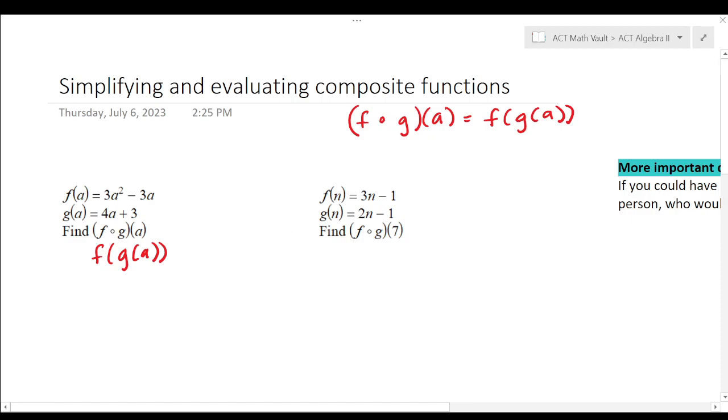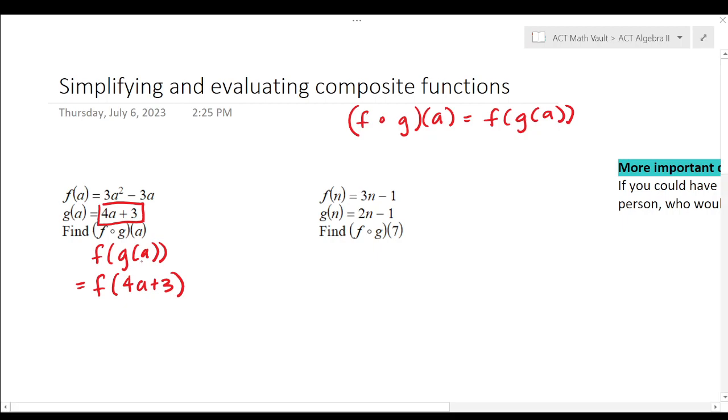Now, if I said, what is f, not of 5, what is f of the whole g of a? This whole 4a plus 3. That tells you that instead of g of a, we are going to put in a 4a plus 3. So just like we did f of 5, now it's just f of the g of a, which is 4a plus 3.